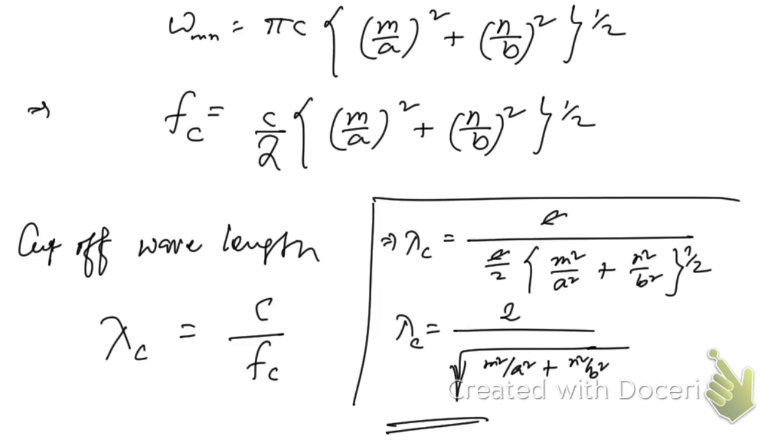And the velocity with which the energy is transmitted is given by the group velocity.